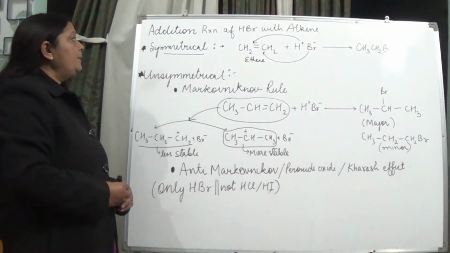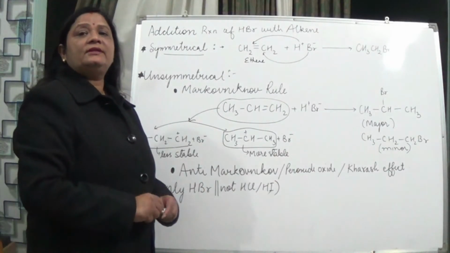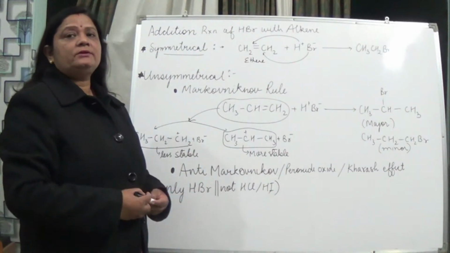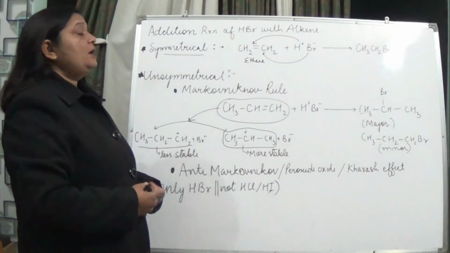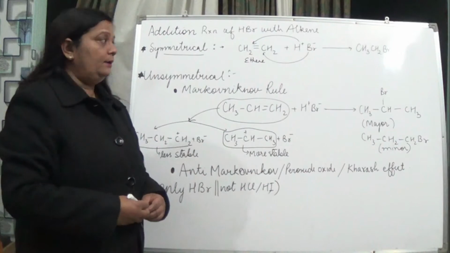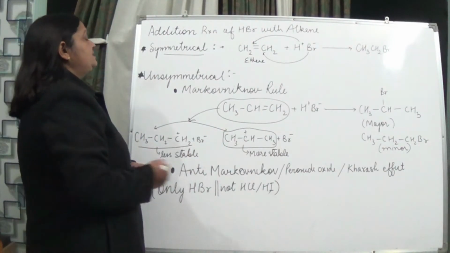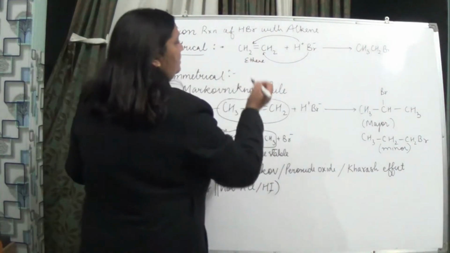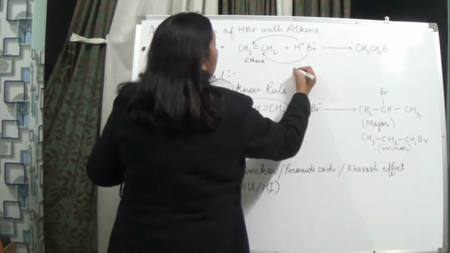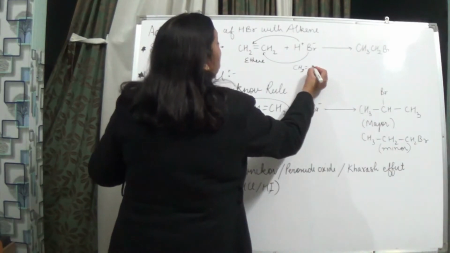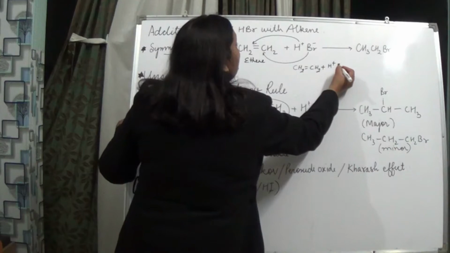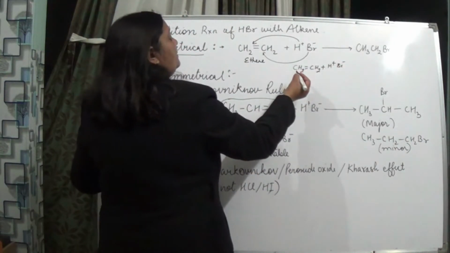We have studied the reaction of alkene with alkyl halides; the halides can be chloride, iodide or bromide. Now we are going to study the addition reaction of hydrogen bromide with alkene. If it is a symmetrical alkene like ethene, CH2=CH2, reacting with H+ Br-, what happens?